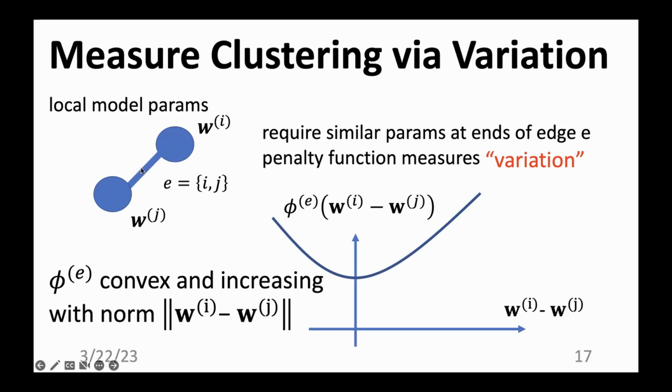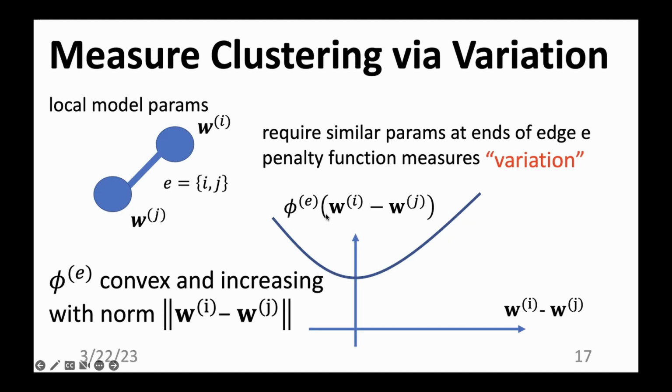And this in turn should mean that we should use similar model parameters. If they have similar statistical properties, then we should use similar model parameters. So we penalize somehow the deviation of the local model parameters at connected nodes.